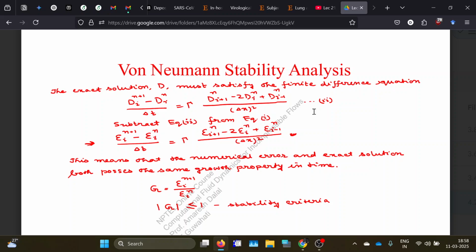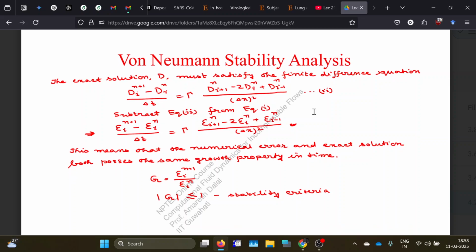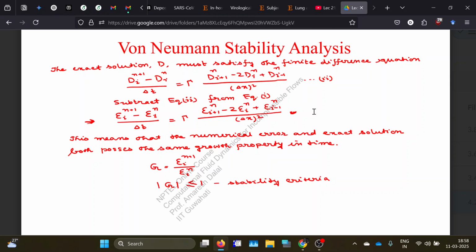Coming back to your earlier question, why can only one epsilon tell me everything? Epsilon is a sum of multiple sine waves, right? Why should I consider only one sine wave? Coming to this equation now, epsilon i n plus 1 minus epsilon i n. You can see my cursor, right?